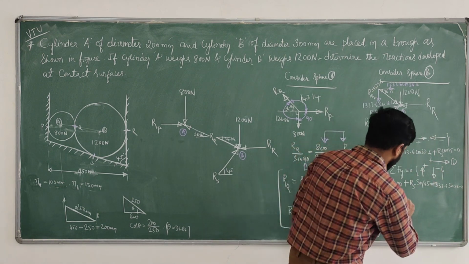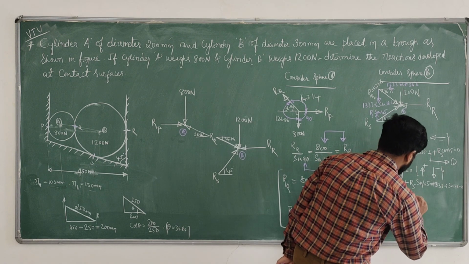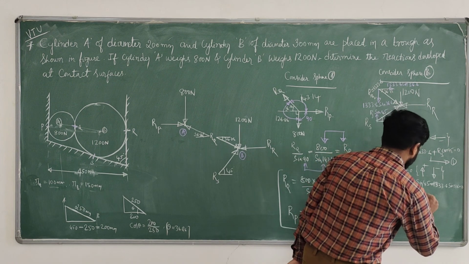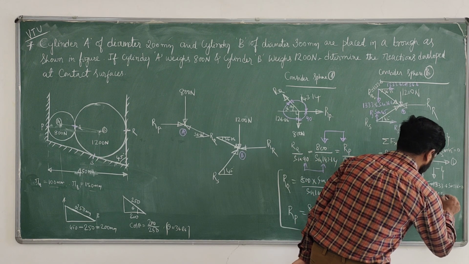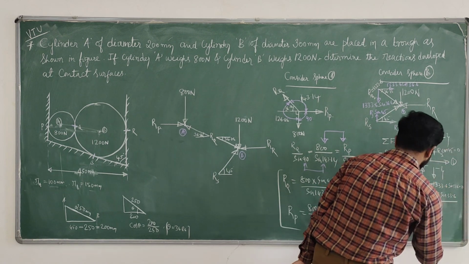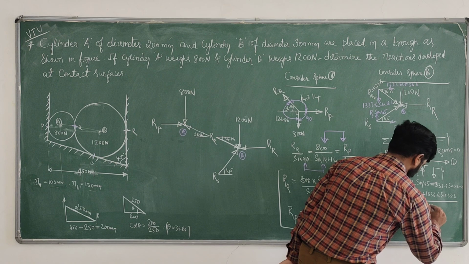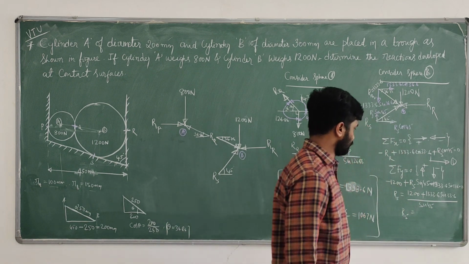So if you want RS, RS equals, take that side, 1200 plus 1333.6 sin 36.86 divided by sin 45. So compute the value of RS.